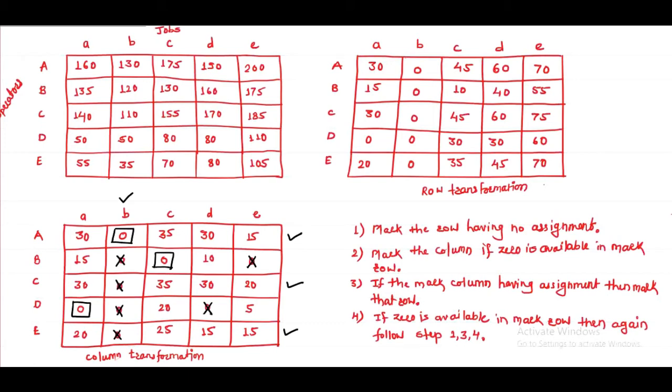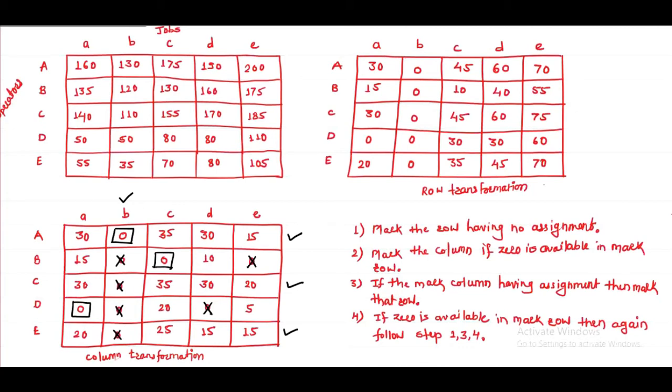This is also a marked row, so we can use the second step. So instead of 15, if 0 is available at this particular position, then we have to use the second step, because the first row is a marked row, and if 0 is available in the marked row, we have to mark that particular column.